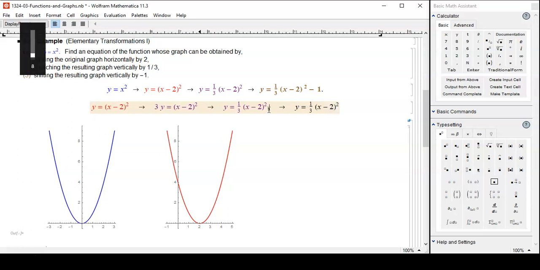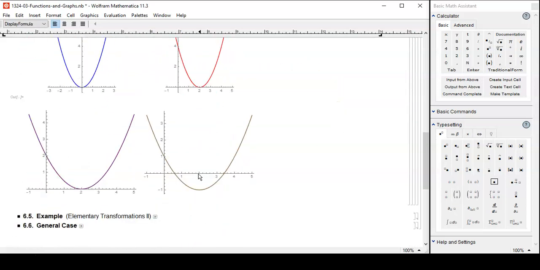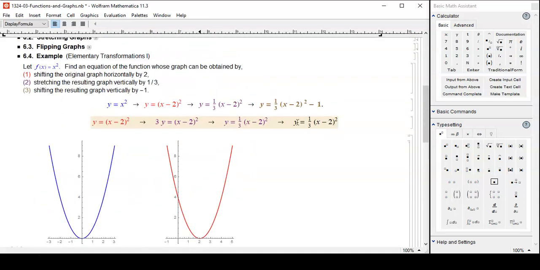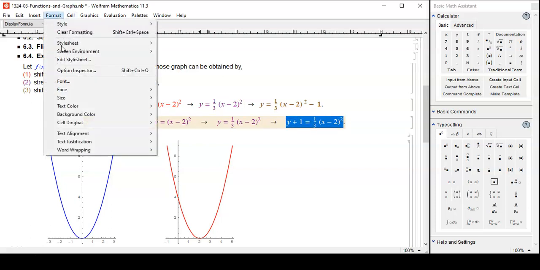That's what we had before. But you see, I'm going -1 units in the y direction. That is 1 unit down. So we do the inverse operation. Negative of -1, which is plus 1. And that is the final brown graph.